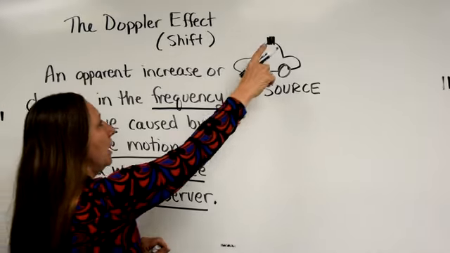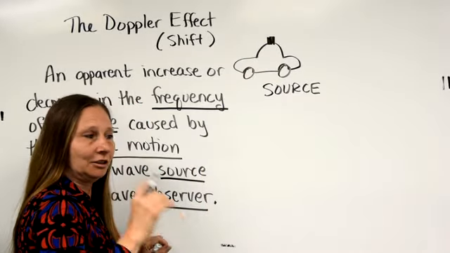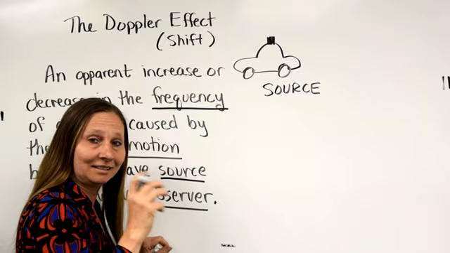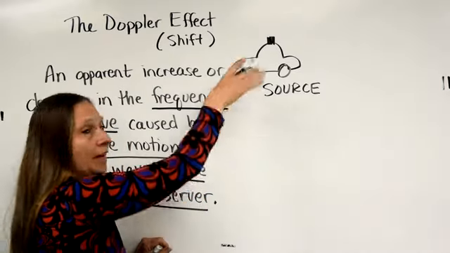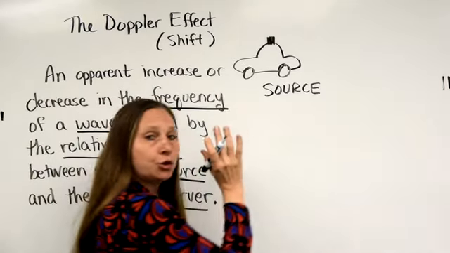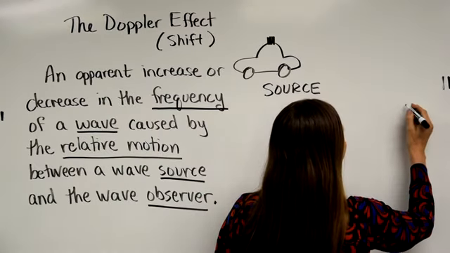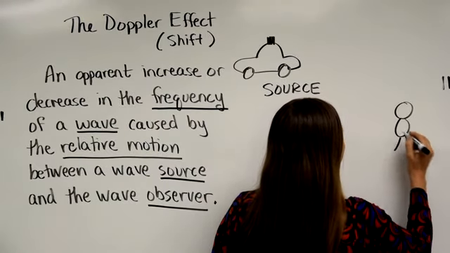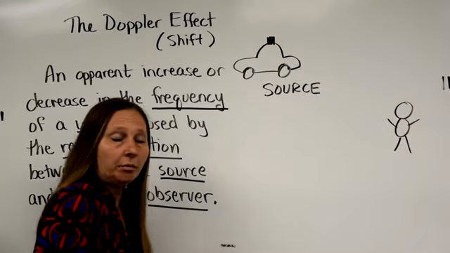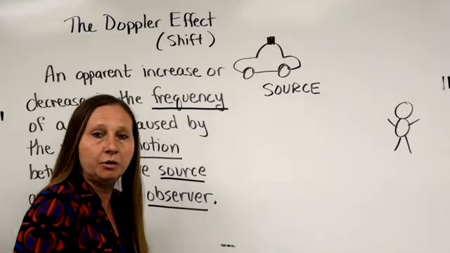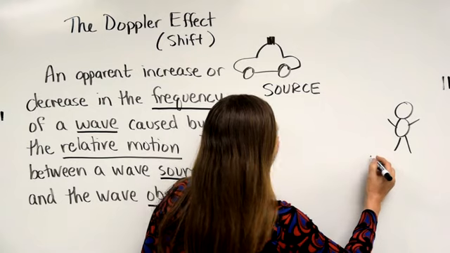The sound wave is coming off the siren. All that noise, that's the source of the noise. The observer would be a person standing wherever, a block away, 10 feet away. The observer is a person.